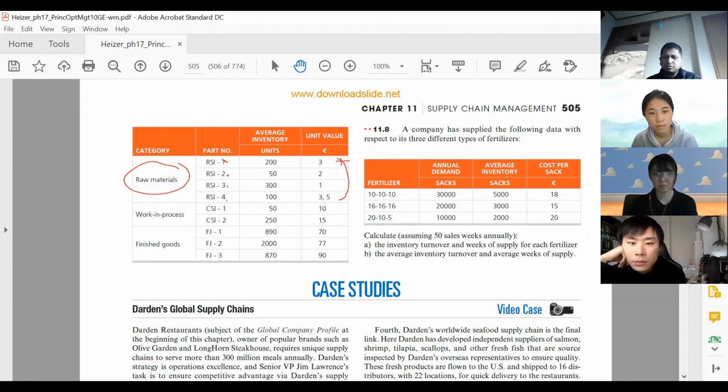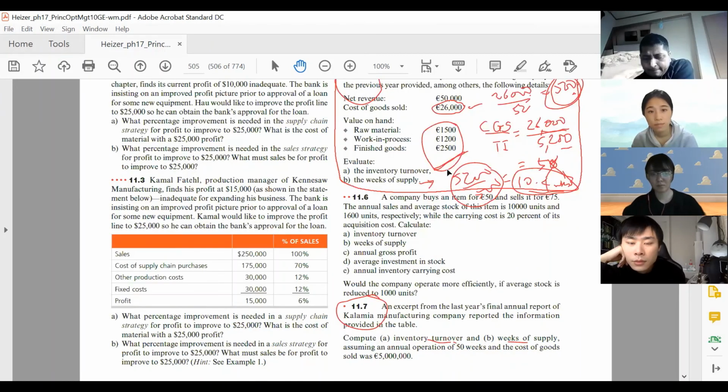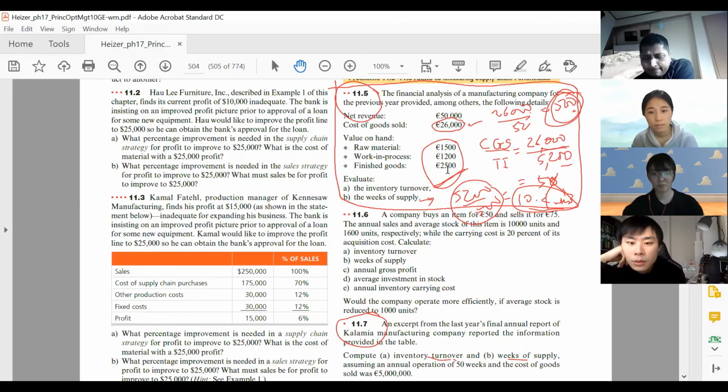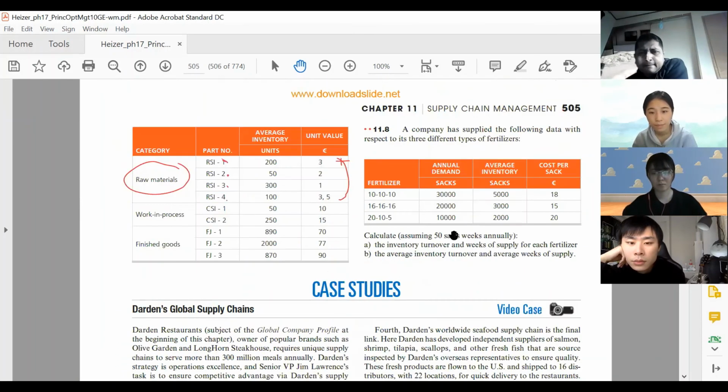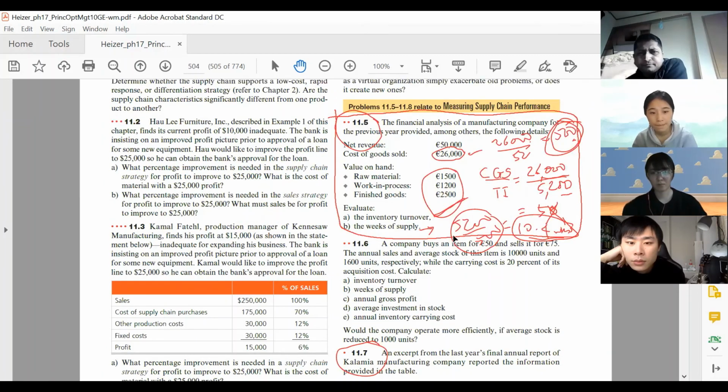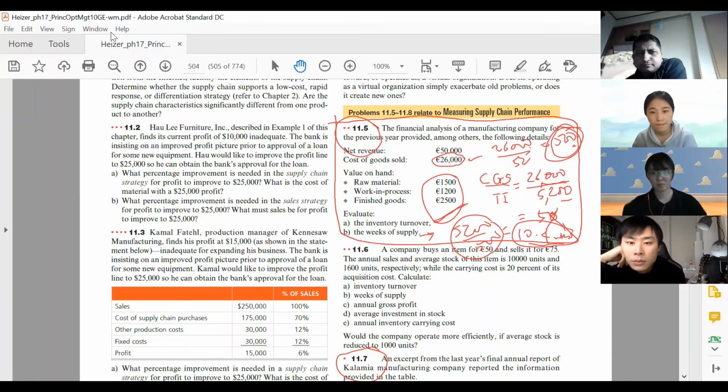Then only you know your total inventory investment, and you can calculate that. If you want to calculate the average, you need to know the revenue.